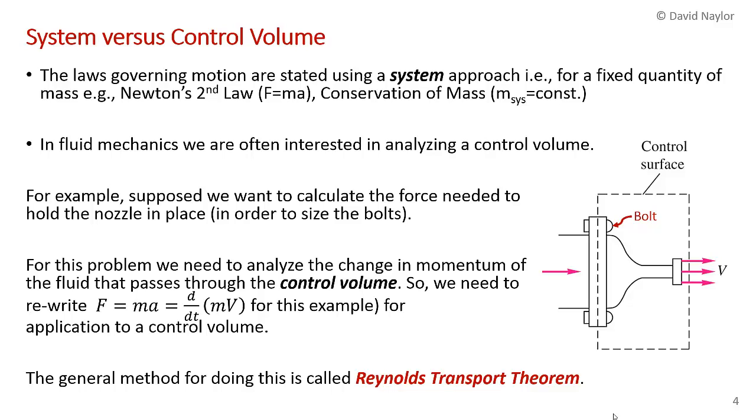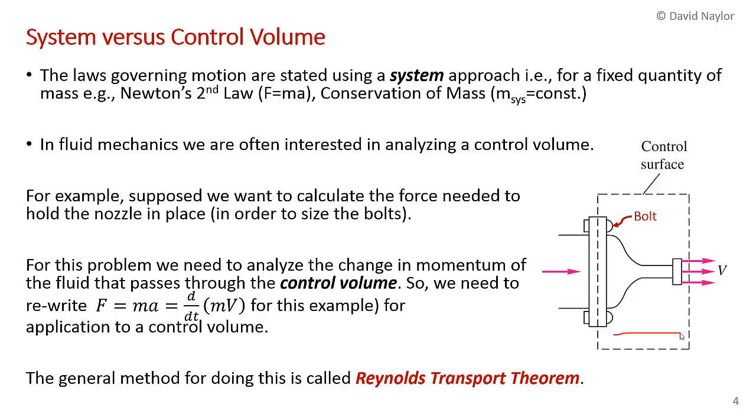And I've shown again here the example of a nozzle attached to a flange over on this side, where we have flow in from the left and flow out on the right. And a typical application that we're going to do is calculating the force required to hold the flange in place. So you might do stress analysis to size the bolts.